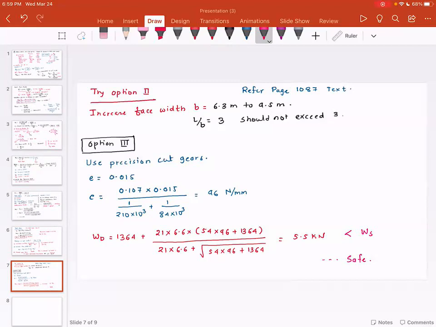We have to go through the iteration because unfortunately, in this particular problem, we had failure in the first part, and then we have to go through the iteration. Any questions here?